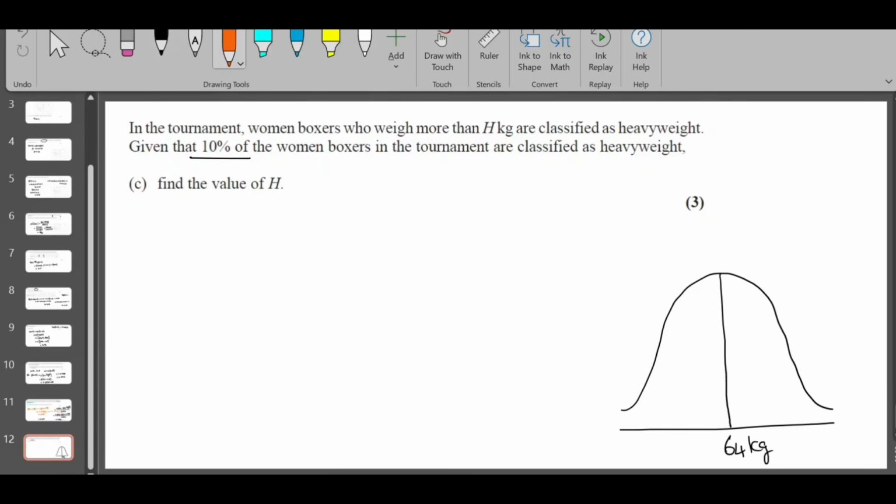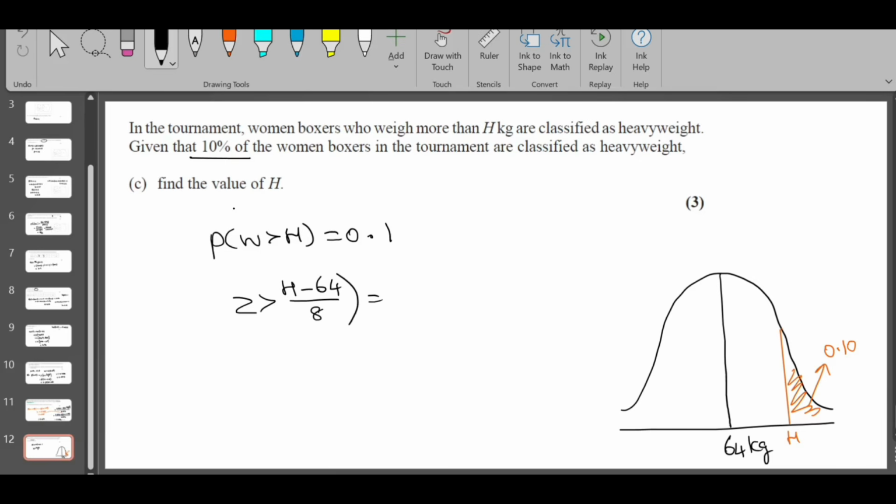That means the 10% will be here, right? This is 10%, or the area is 0.10, right? This is H. Find the value of H. So you can write P of W is greater than H is 0.10.